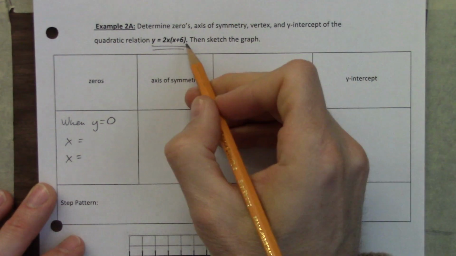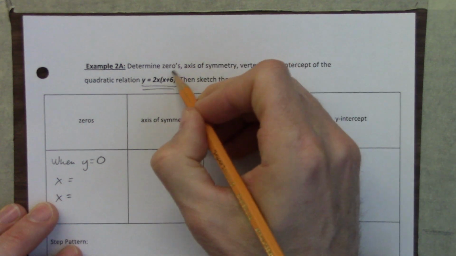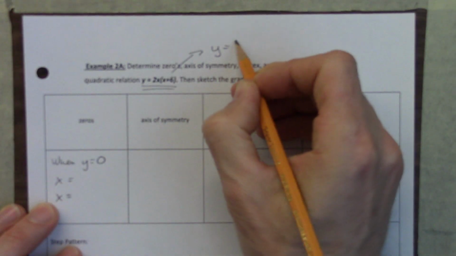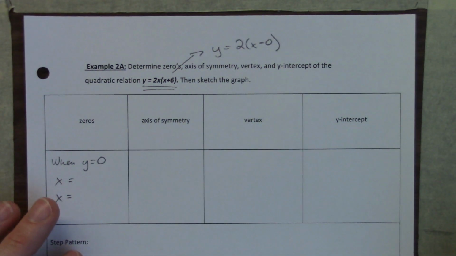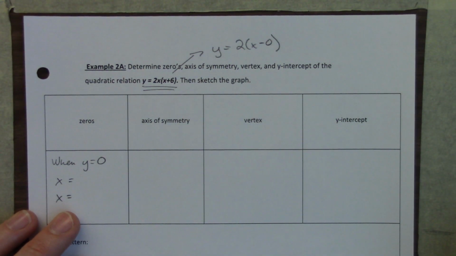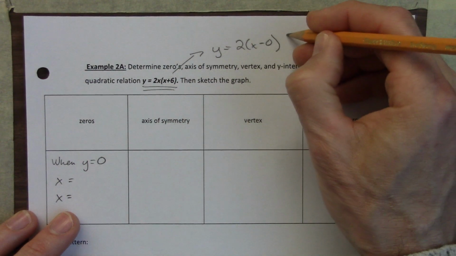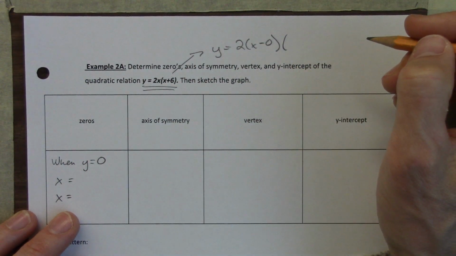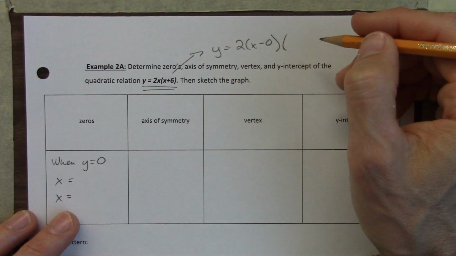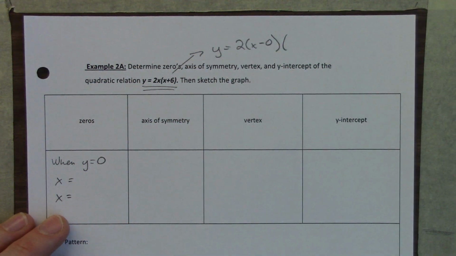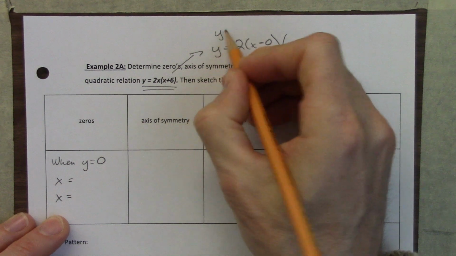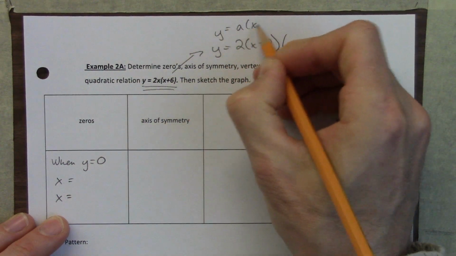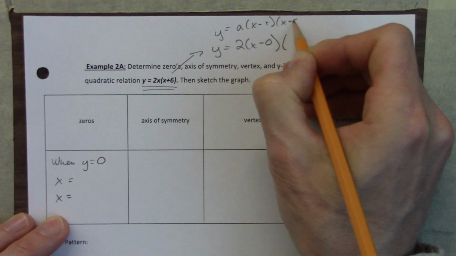Okay, so you want to rewrite this like this. Okay, then what? Well, let's just finish writing this out. We know y is equal to a(x - r)(x - s).